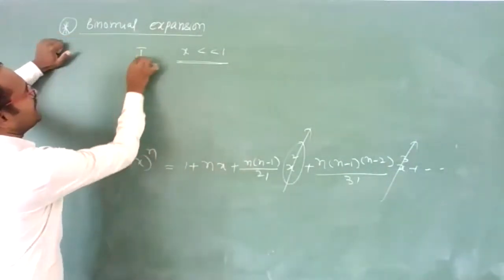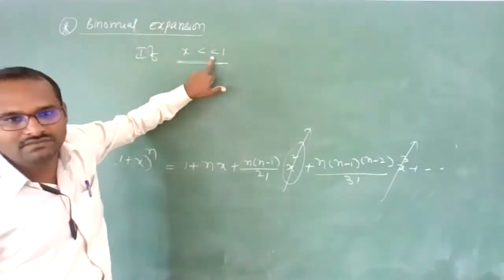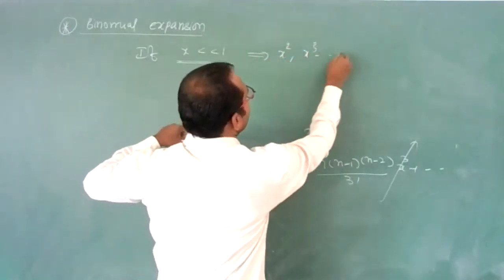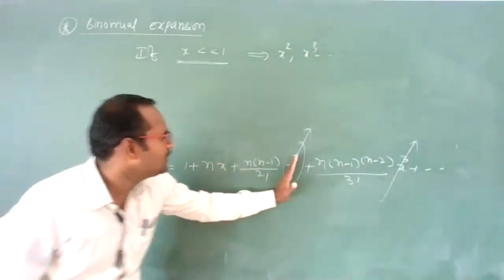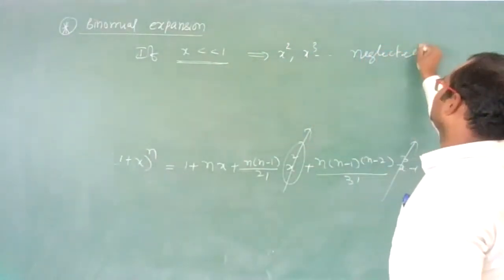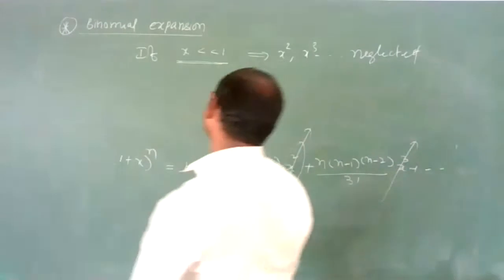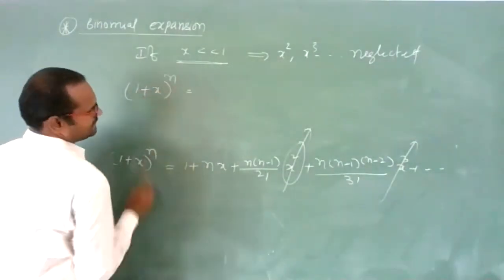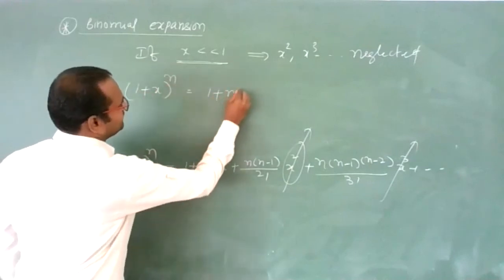If x is very much less than 1, then x square, x cube and so on, all these terms we can neglect. So if you neglect all these terms, you will get 1 plus x whole power n as 1 plus nx.